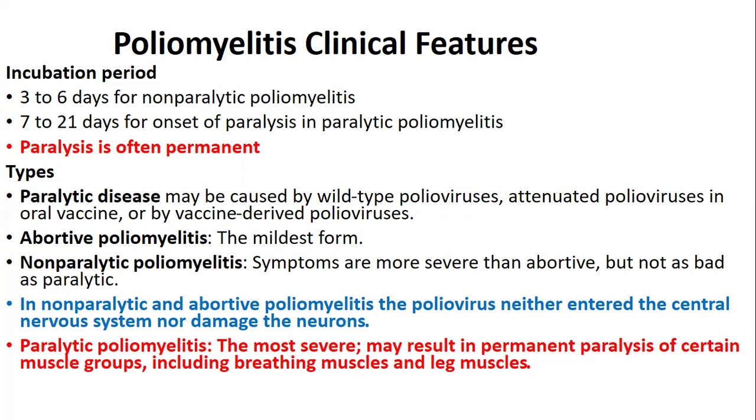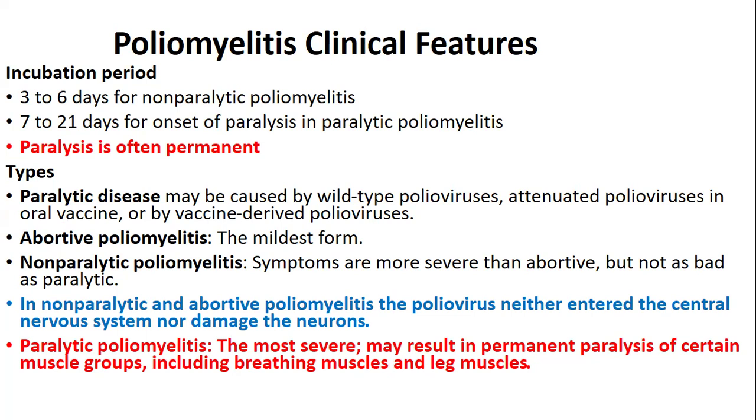It can be classified into at least 3 types: paralytic disease, abortive poliomyelitis, and non-paralytic. Paralytic disease may be caused by wild-type polioviruses, attenuated polioviruses in oral vaccines, or by vaccine-derived polioviruses.